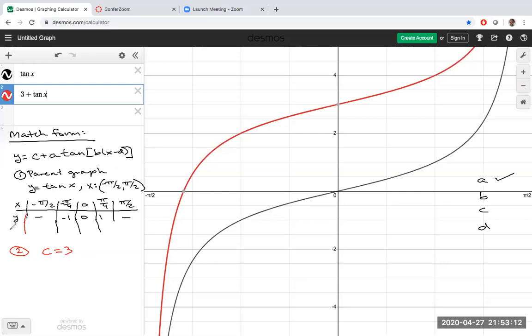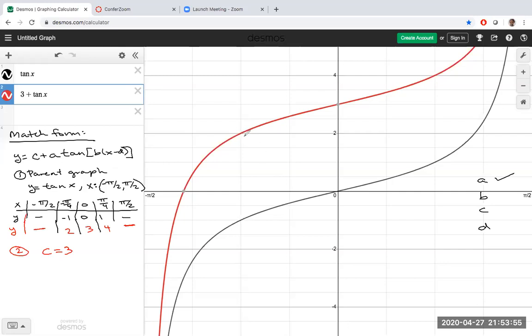So our Y values, whatever we got for our original tangent function, we're going to be adding 3. So the asymptotes will still be there, same place. Add 3 to -1, get 2. Add 3 to 0, add 3 to 1. Okay, let's double check this. So at -pi/4, we used to have -1.